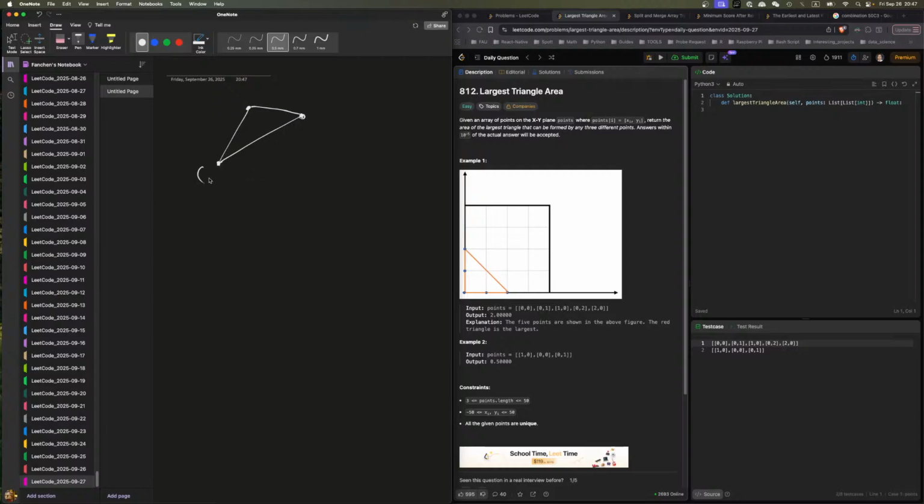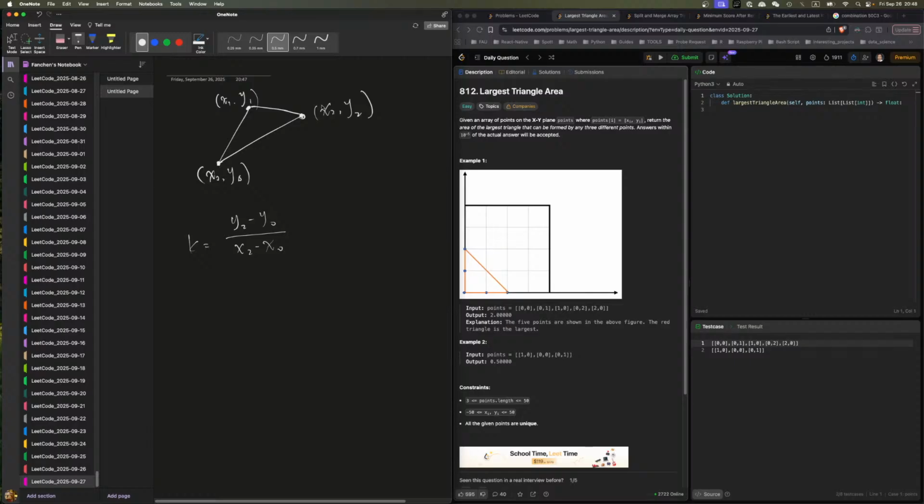Okay, so this is x0, y0. x1, y1, x2, y2. All right, so the slope k should be (y2 minus y0) over (x2 minus x0), right? But I do need a line.